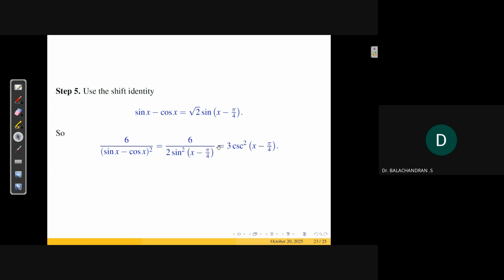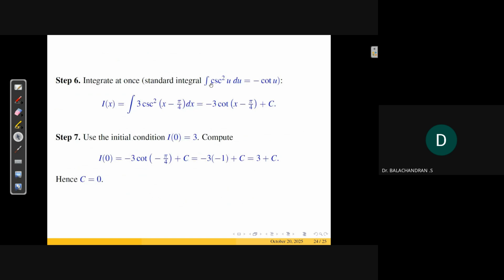So this is 3 times cosecant square of x minus pi by 4. Now, integration of cosecant square x dx is minus cot x.